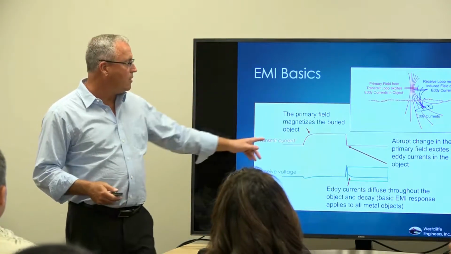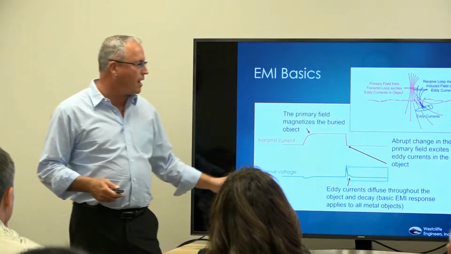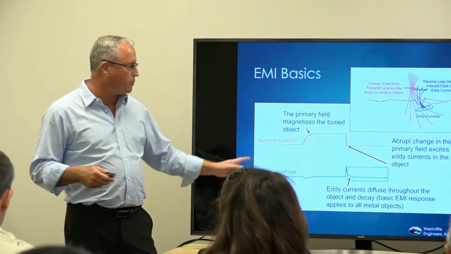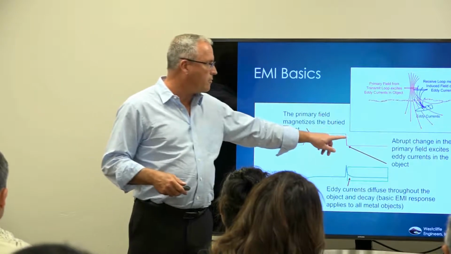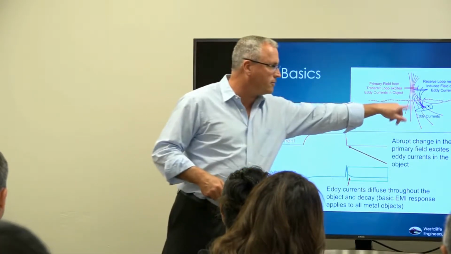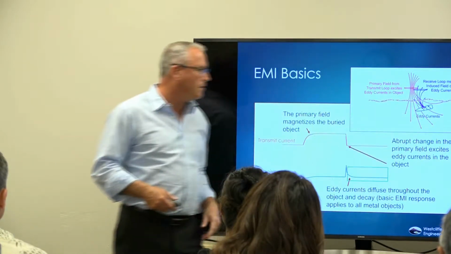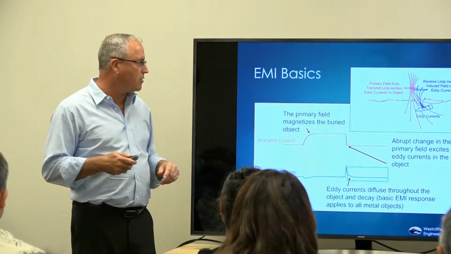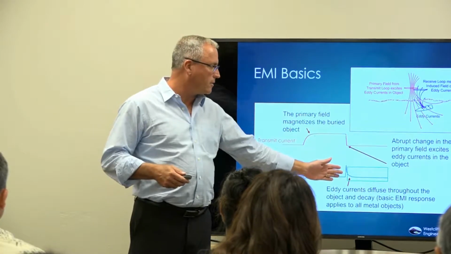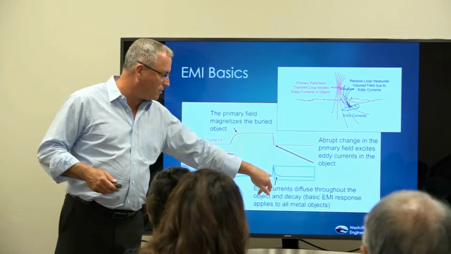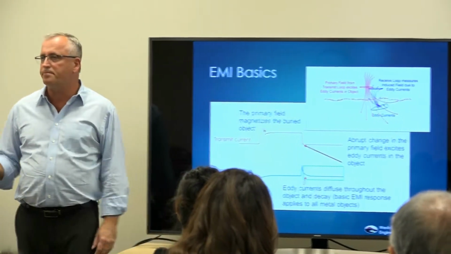It's the same thing. In the time domain systems, which are the ones that are primarily used, we turn on the primary field. It energizes the area around it. If there's a piece of metal, it will induce eddy currents. When we shut off the primary field, we can measure the eddy currents as they decay.